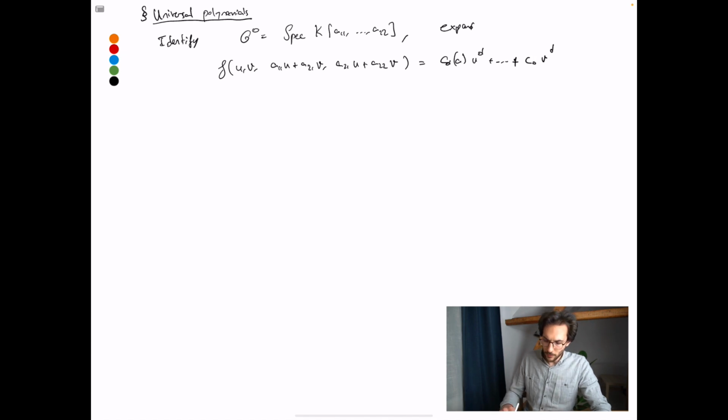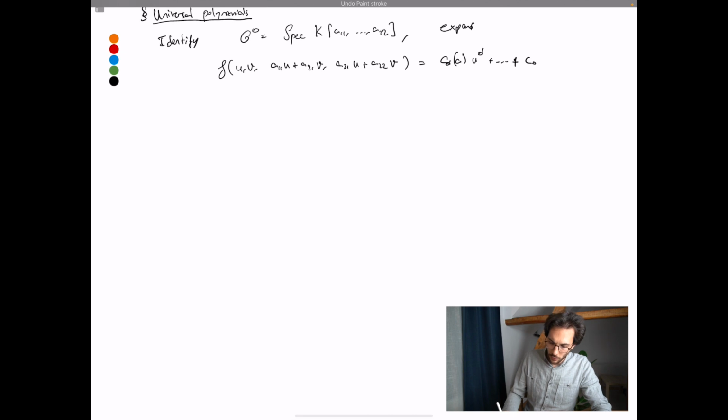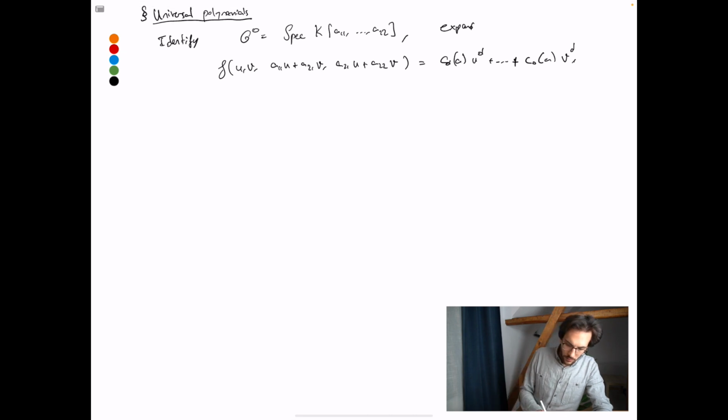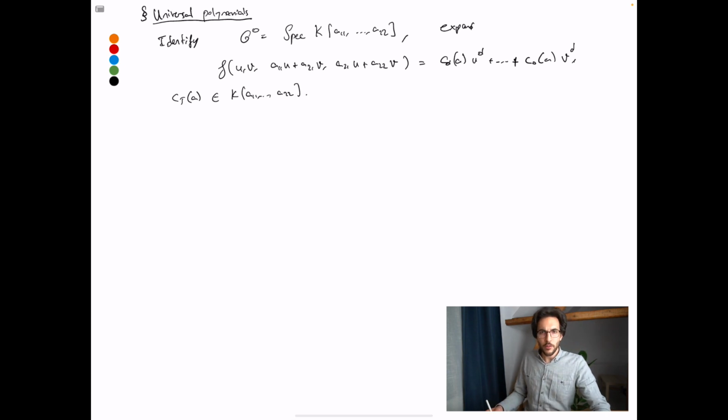So just like before, except C_0 is C_0A. And each C_jA is a polynomial. And what happened previously when we were using some arbitrary ring B was that we had just evaluated these polynomials in our sort of variables, numbers, b_ij's.